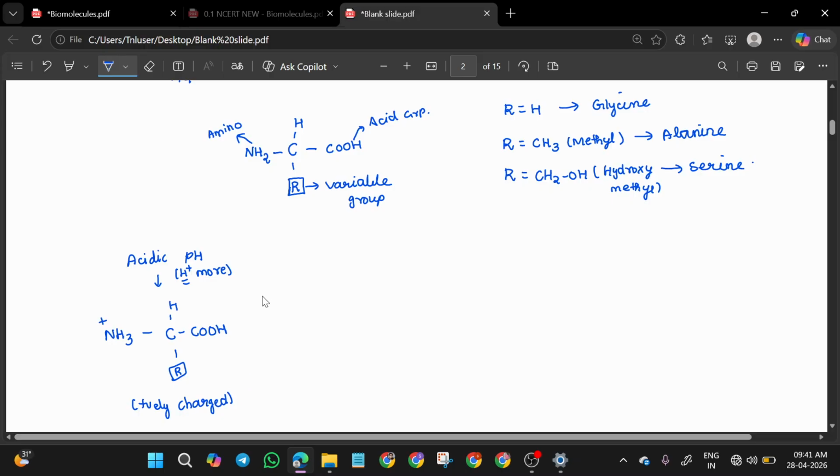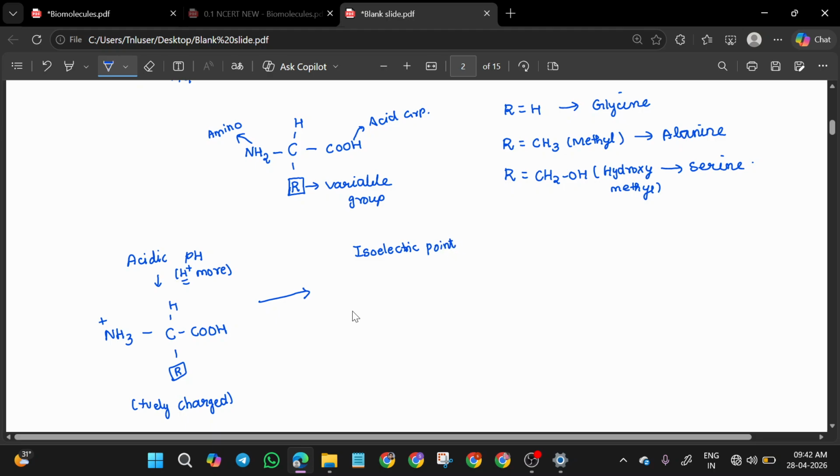Next, if we keep on increasing the pH gradually from acidic pH, at a certain point, that pH is called the isoelectric pH. First, in acidic pH, that is pH less than 7, it is positively charged. As we increase it to a point, that point is called the isoelectric point.